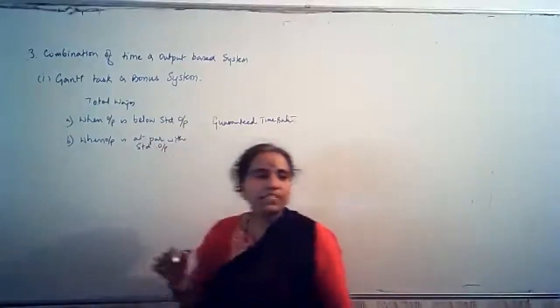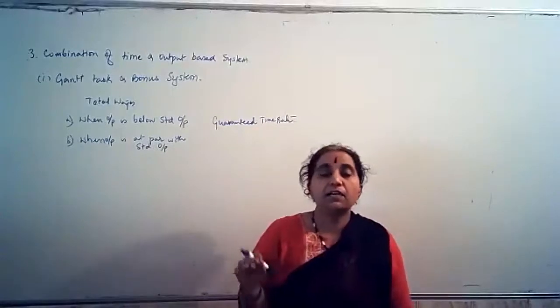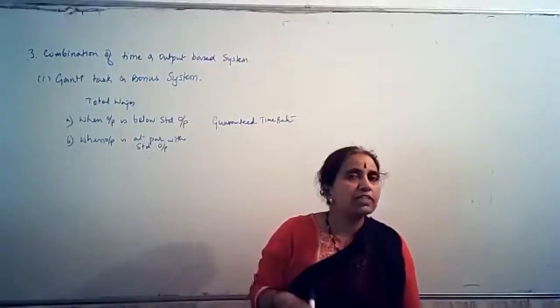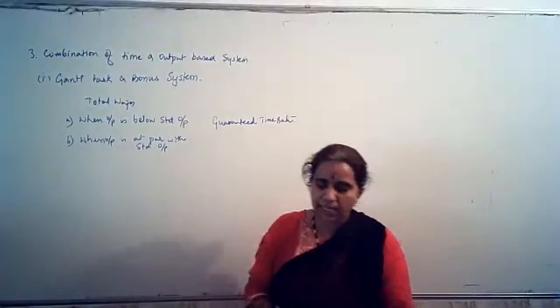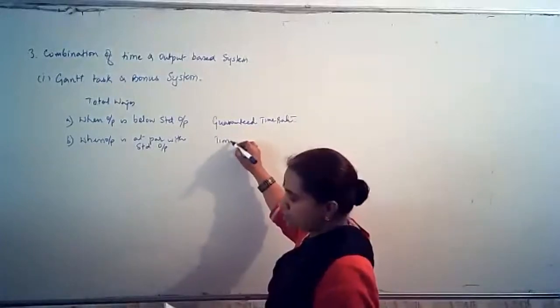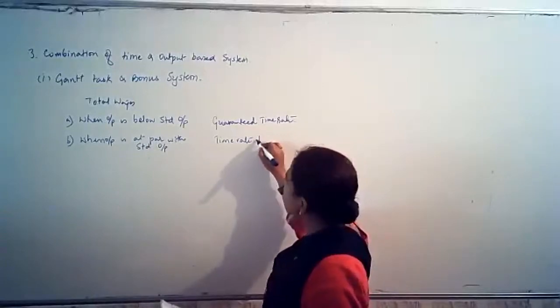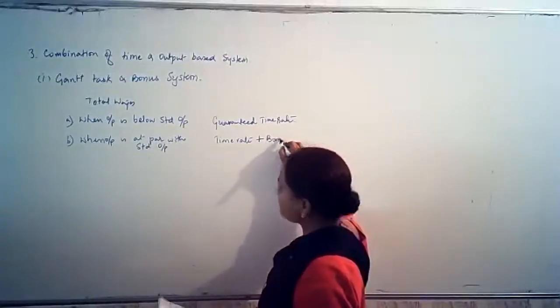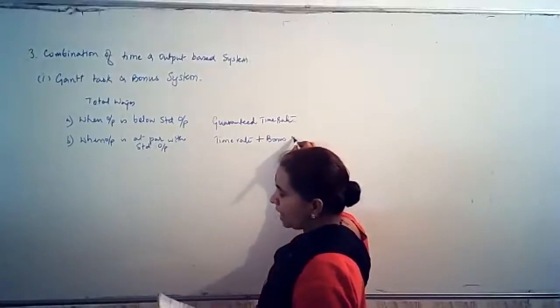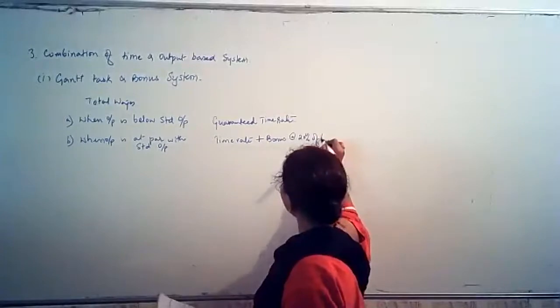At par means same. He has manufactured exactly what the standard requires. He has not manufactured less or more. In such a case, he will get paid time wages or time rate plus bonus at 20% of time rate.